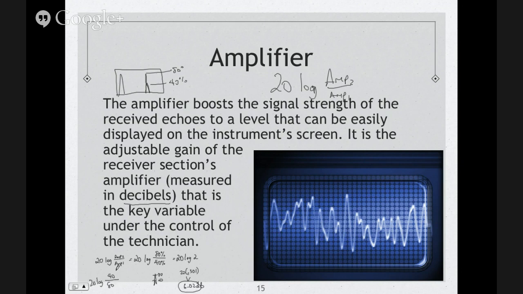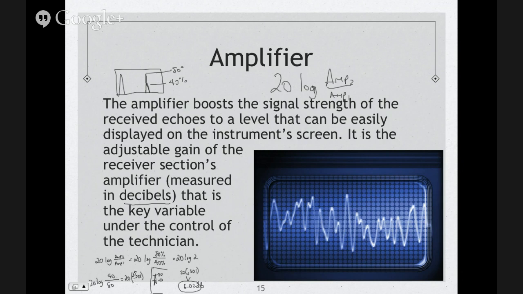So 40 divided by 80 is going to give us 0.5. Now this 0.5 you're going to take the log of, and it's going to give you negative 0.301.